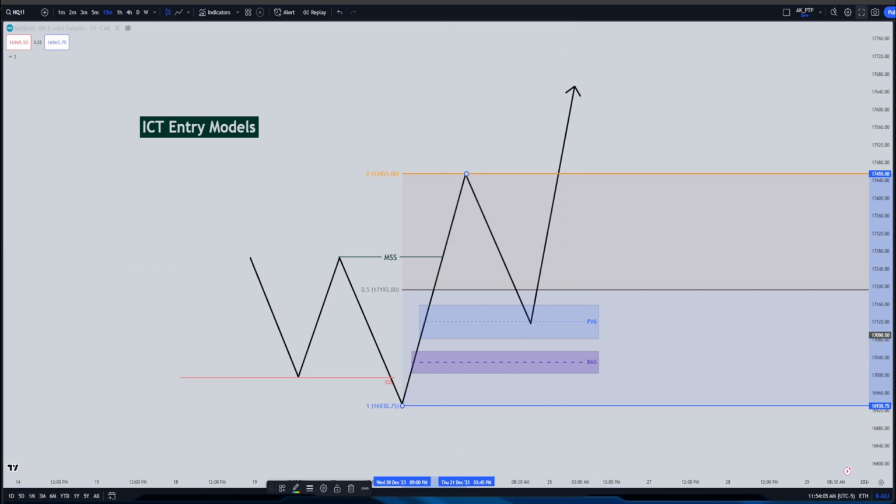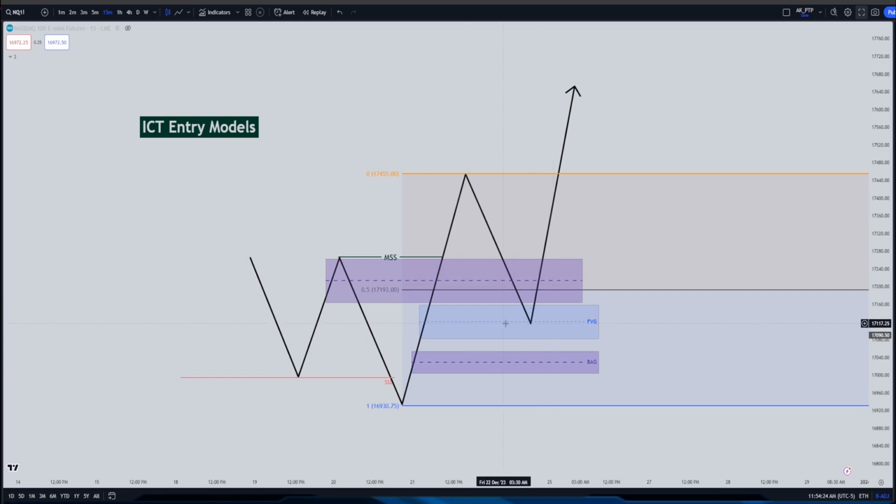The reason I'm saying 4 is that sometimes I might have a balanced price range or inversion fair value gap around this area that's aligning in my discounted area and with my OTZ, or I might have a breaker block that's aligning with my OTZ as well. Let's say I have a breaker block like this.